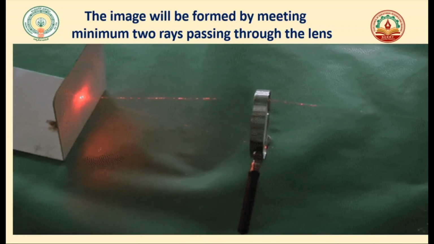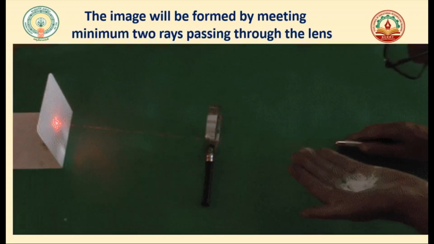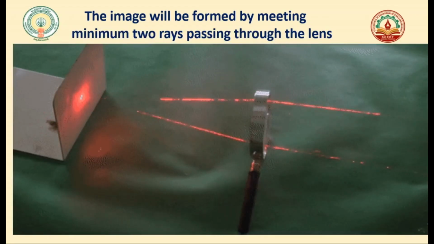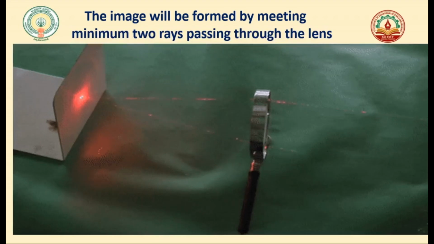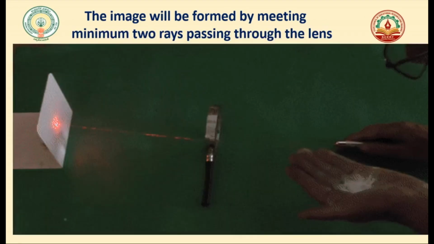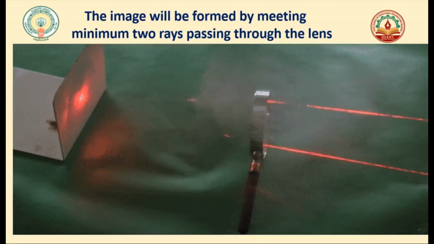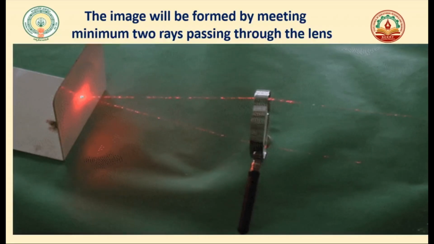Now we have to give clarity to the students that since convex lens is a converging lens, minimum two rays passing through the lens will converge and meet at a point to form an image. But in the concave lens, because it is a diverging lens, no two rays will meet at a point to form an image.